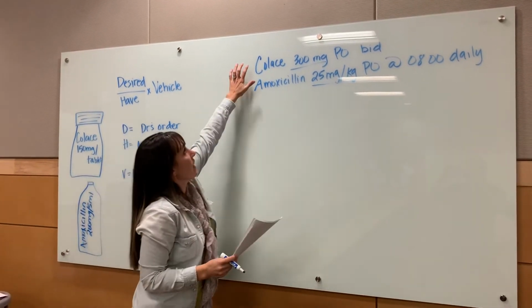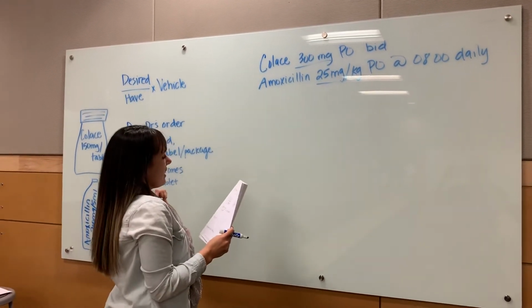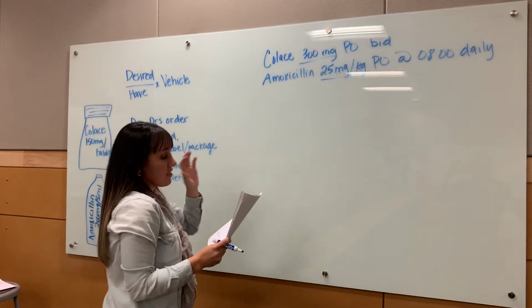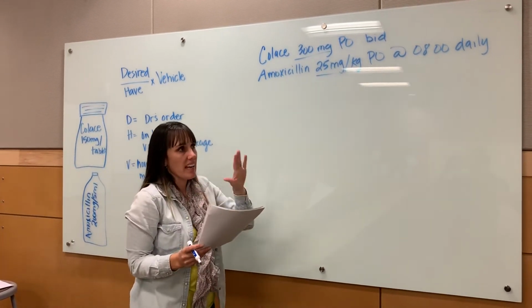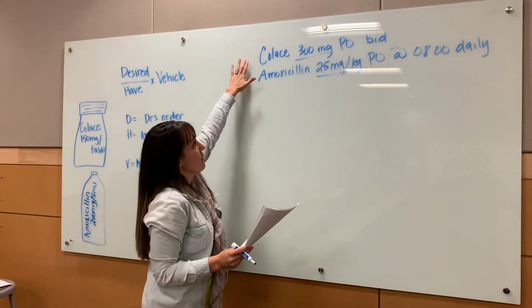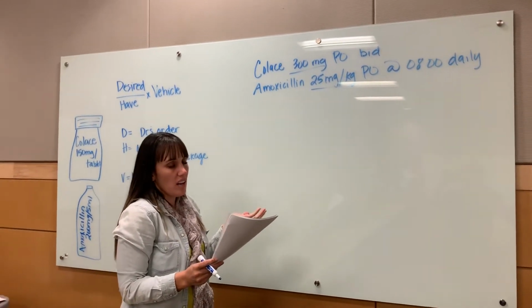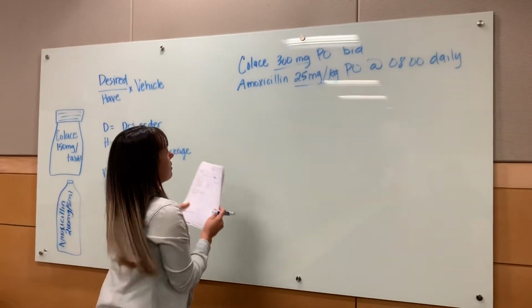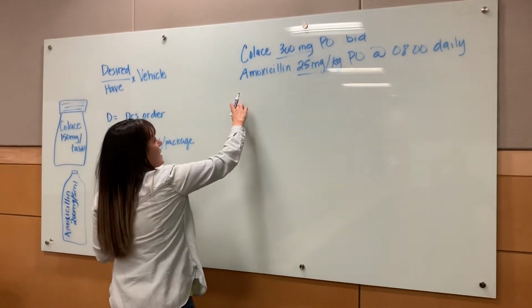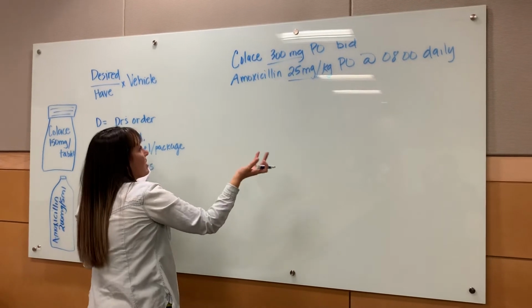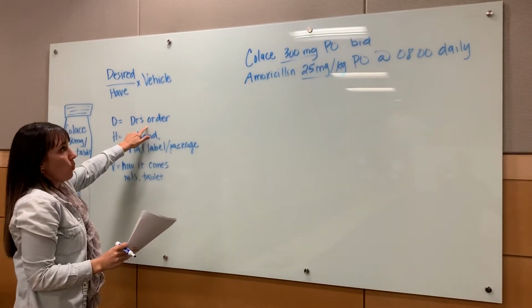Let's start with the Colace, okay? Now we can actually use desired over have, the ratio method, and dimensional analysis with both of these. I'll show you Colace with desired over have, and then I'll show you amoxicillin with maybe a couple different ways. So Colace, what is our desired? Our desired number is the doctor's order.